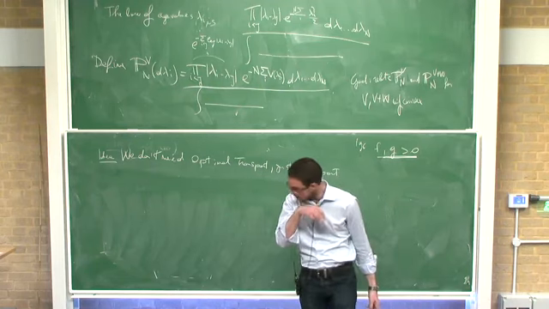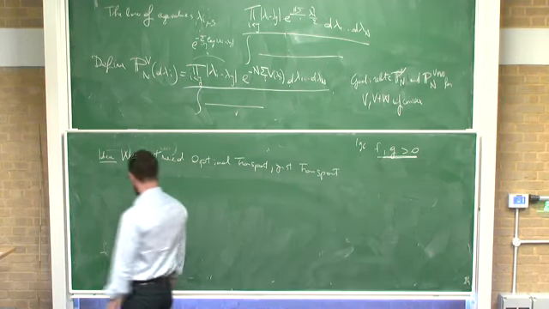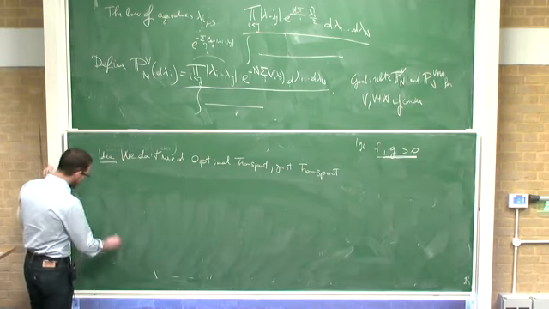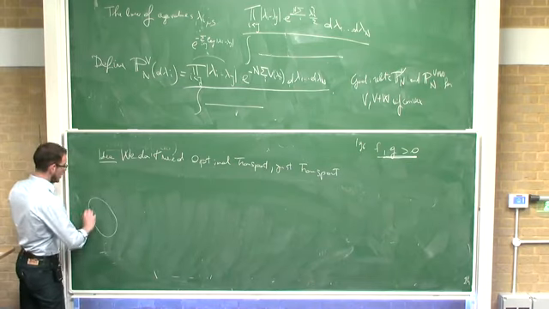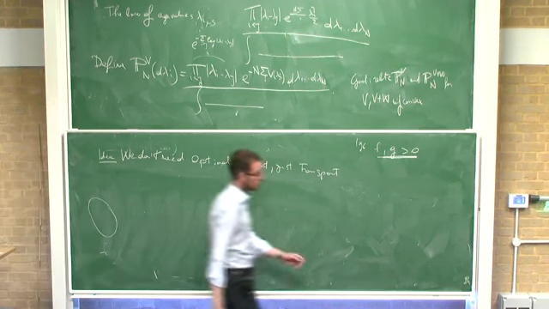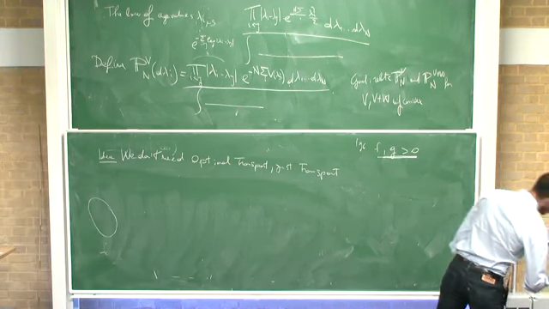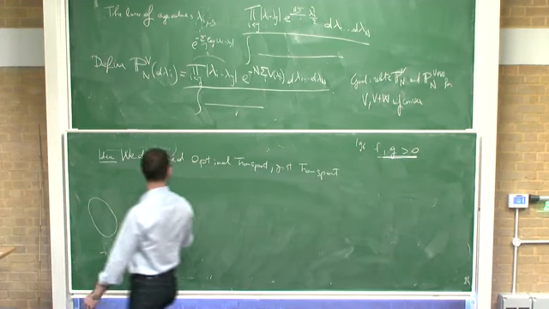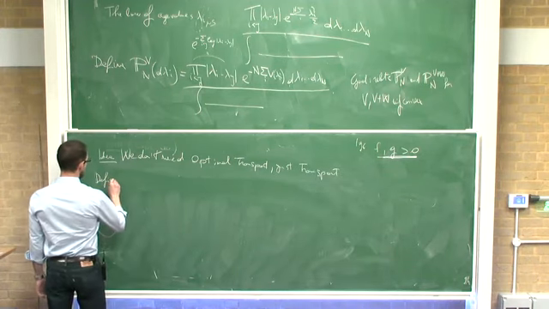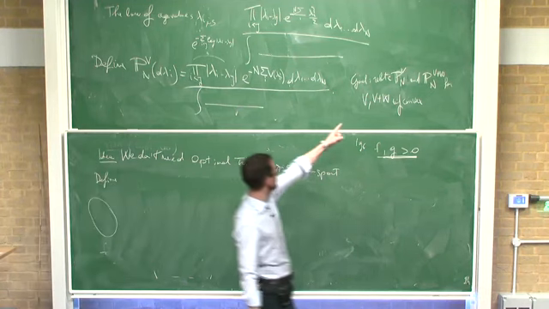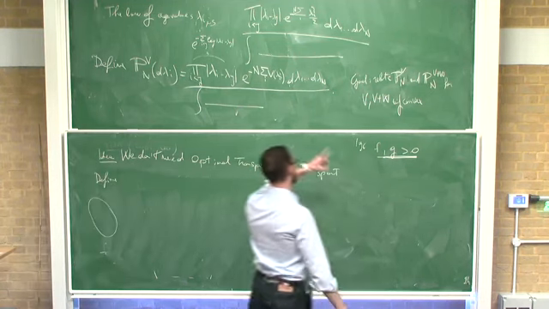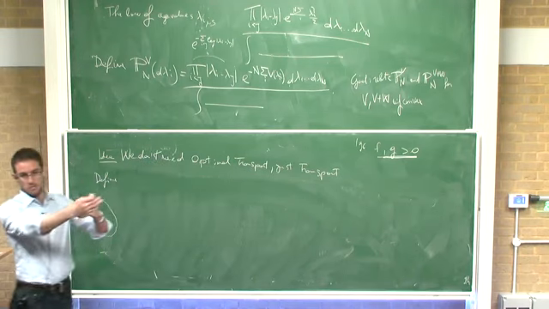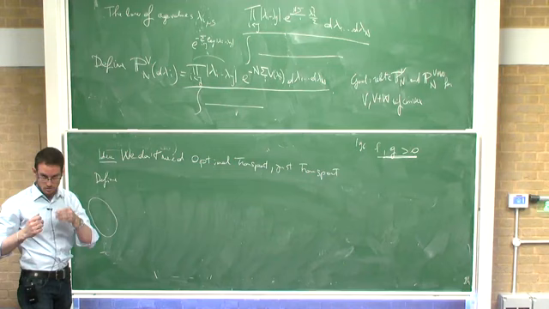How can I get it? Optimal transport gives an intuition. The idea is this. I want to go from the density P_V to P_{V+W}. To go from one to another, I want to interpolate between them.